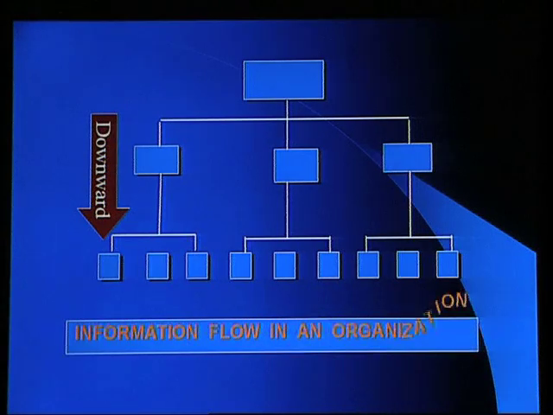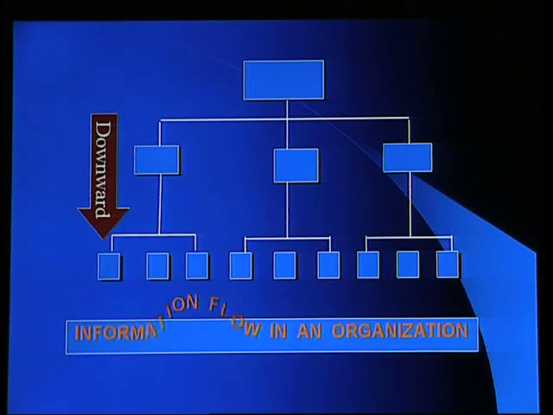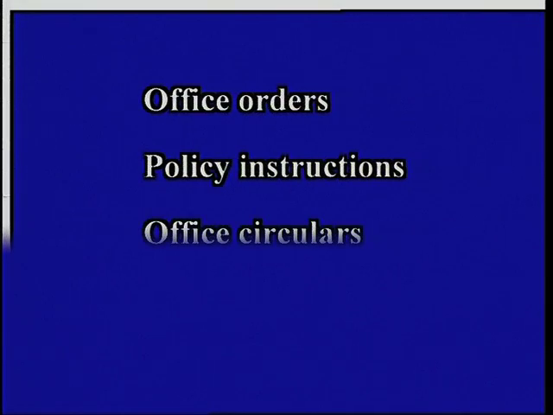Downward communication flows from executives at higher levels to those at lower levels in the management structure. Mostly authoritarian managers prefer this type of communication. Typical means of downward communication are office orders, policy instruction, office circulars, lectures, etc.